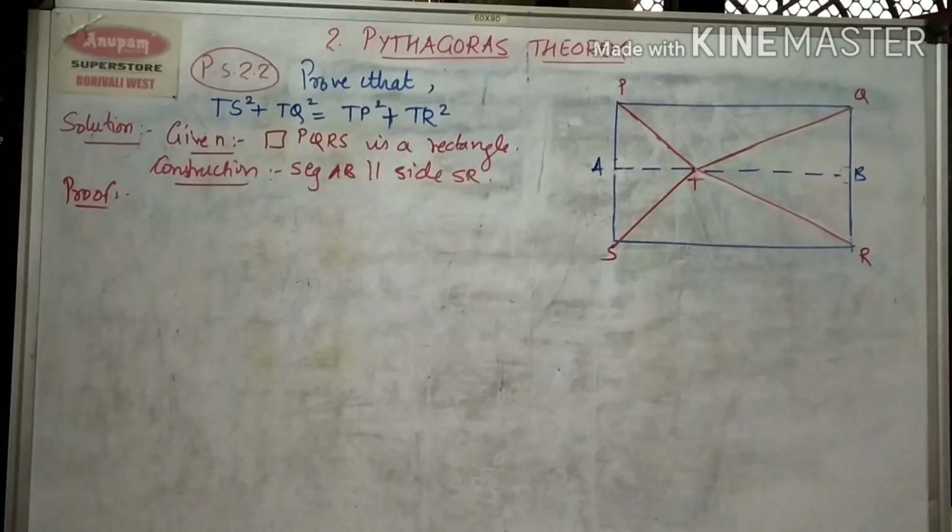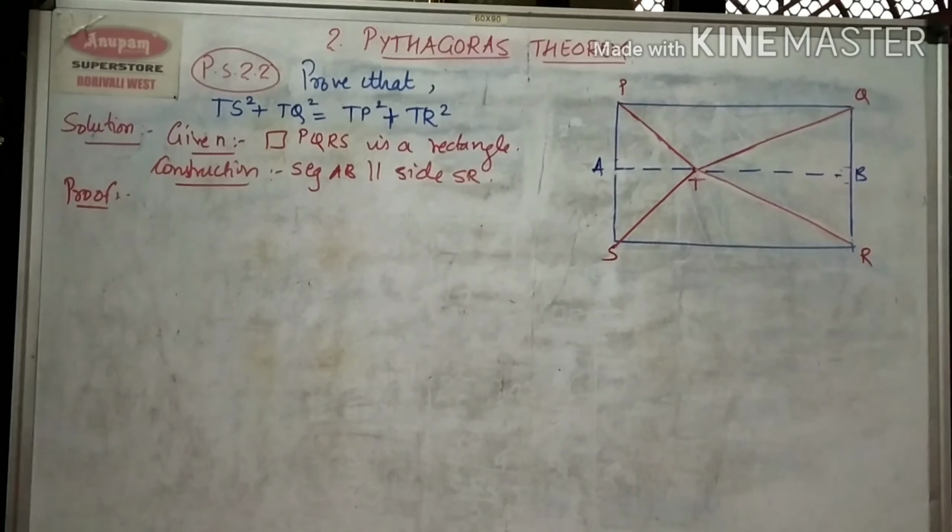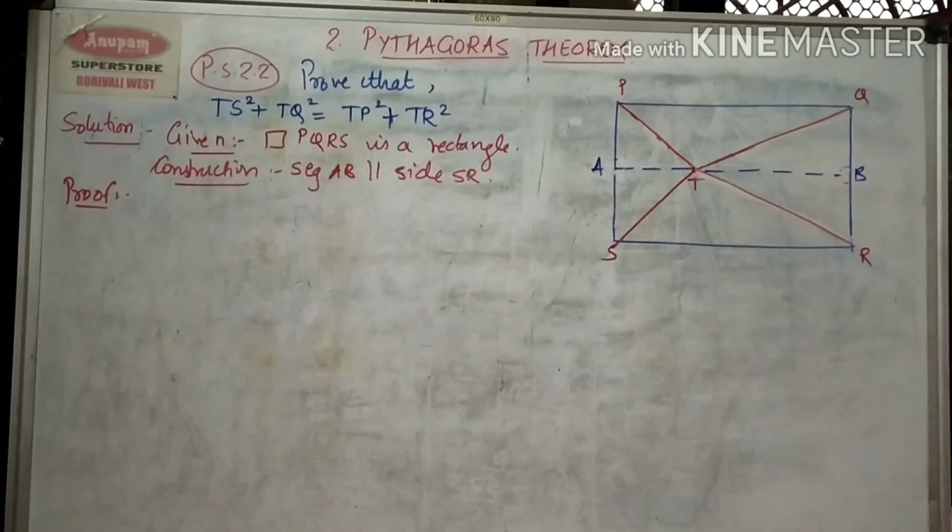The first thing that I'll mention is that seg AB is parallel to side SR, which is given from the construction.